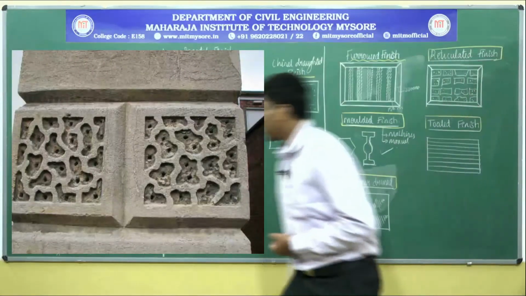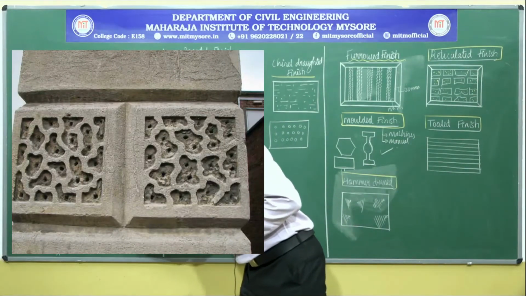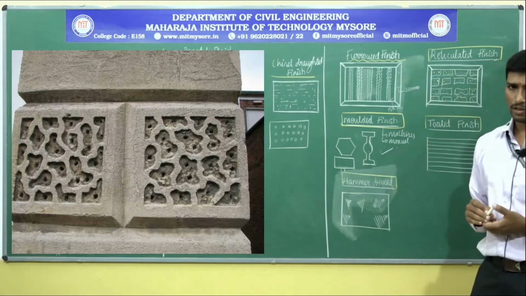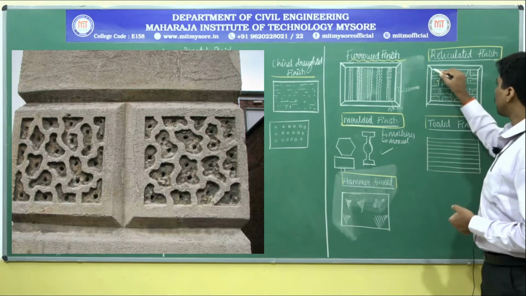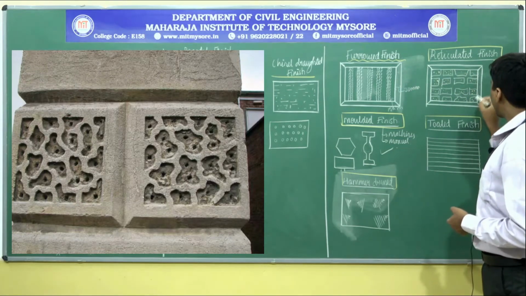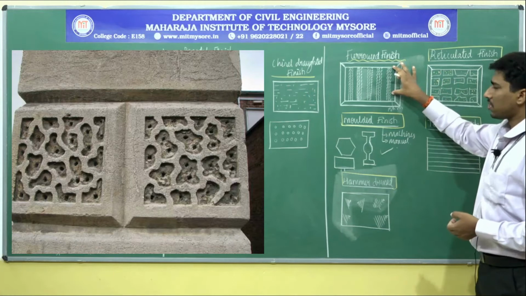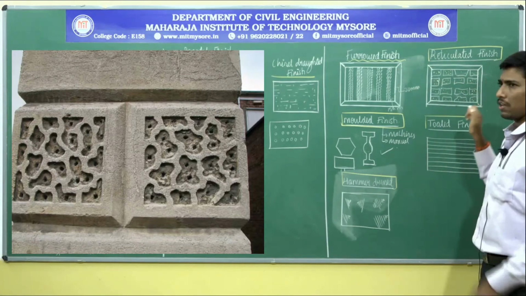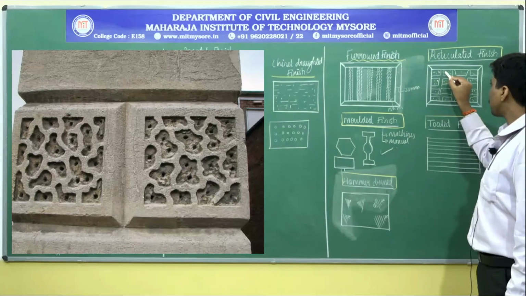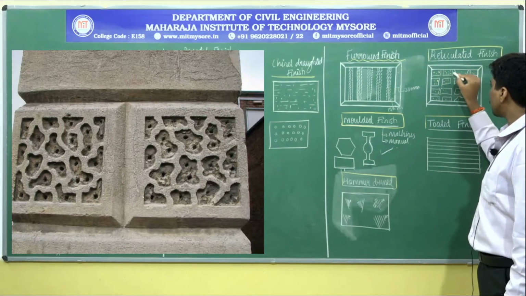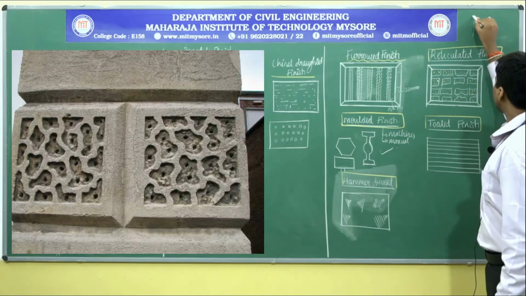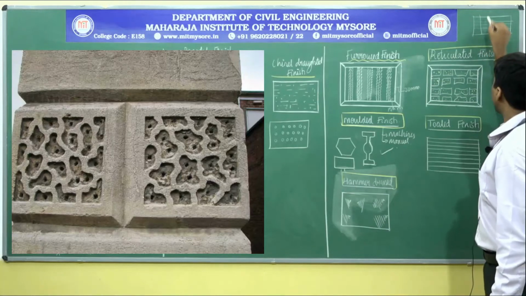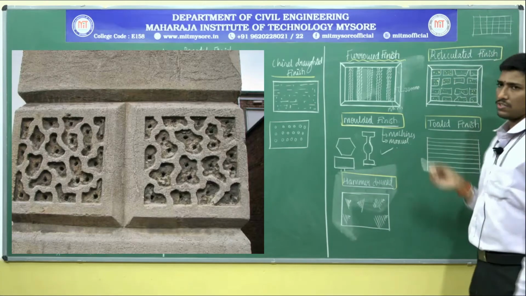Next, we also have a reticulated type of finish. Reticulated means a net-like structure or appearance. If you see here, the outer portion of 20 mm wide, as we have seen in the case of the furrowed type of finish, has been sunk, and here you are going to see some portions with net-like structures, like in a basketball net, isn't it?